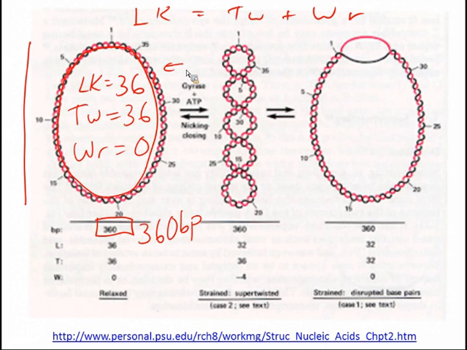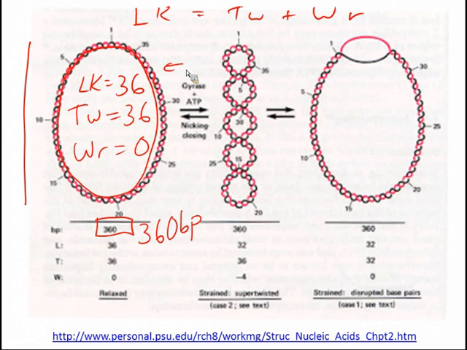So when twist is where it wants to be, the preferred twist, whatever the salt conditions happen to be, and thus writhe is as small as possible, that's when we say that it's relaxed. So writhe is close to 0.